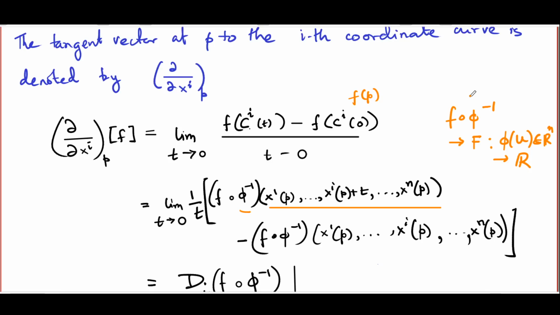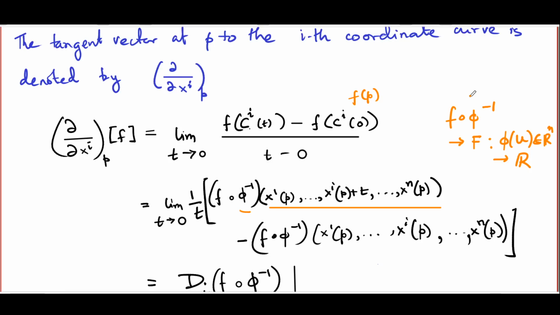Let me remind you, a function small f is said to be differentiable of class CR at a particular point P if the proxy function f composite phi inverse, which is a map from phi of u, an open subset of Rn, to R, is differentiable of class CR at the point phi of P.